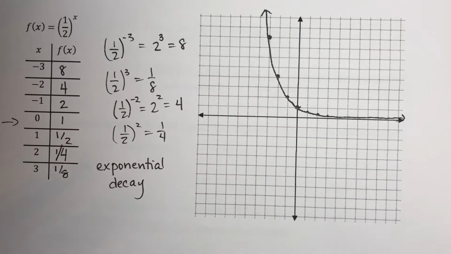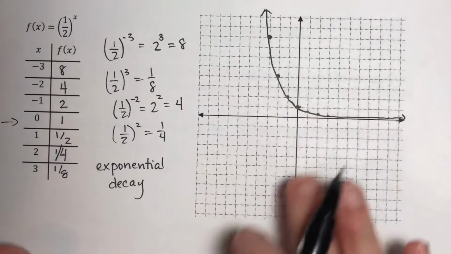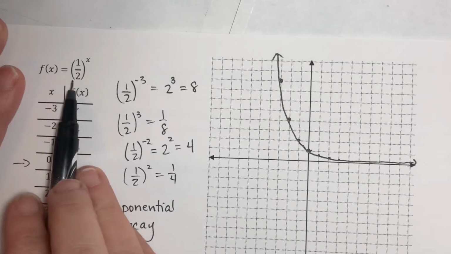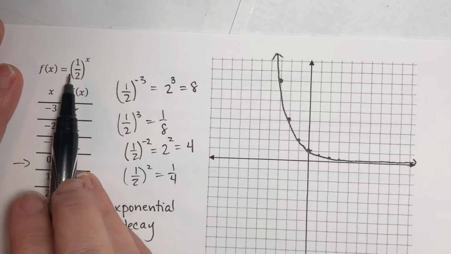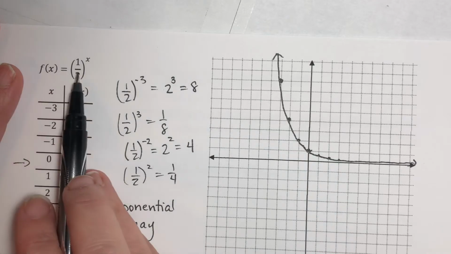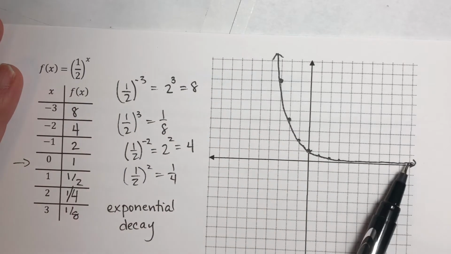Exponential decay in the real world, when you hear about the half-life of a radioactive element, how long does it take for a radioactive element to reduce to half of its original size? Or how long does it take your body to expel a certain drug? These are all in this sort of realm. And it has everything to do with this number being smaller than 1. It could be like 0.99999 and it's still going to go down.